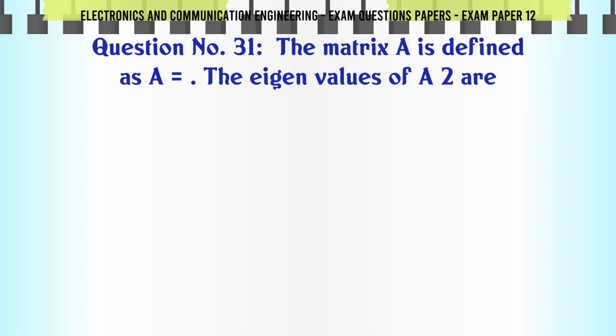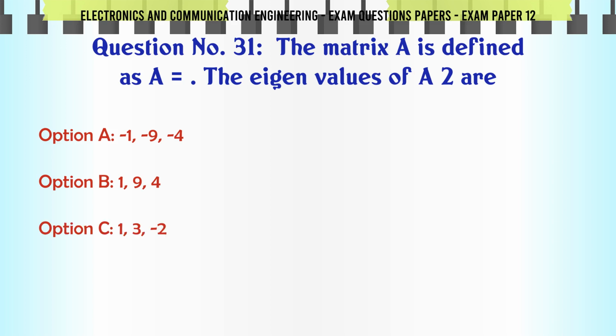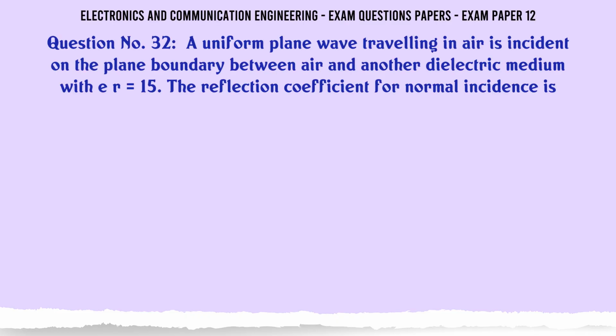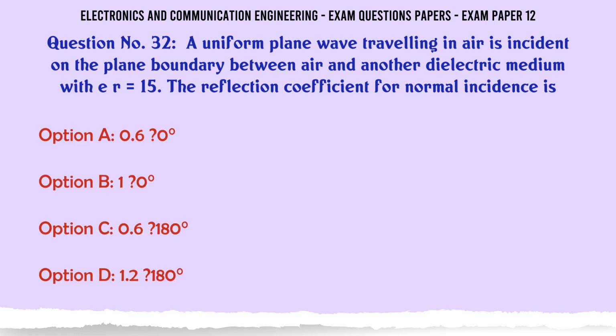The matrix A is defined as shown. The eigenvalues of A^2 are A) 194, B) 194, C) 132, D) 132. The correct answer is 194. A uniform plane wave traveling in air is incident on the plane boundary between air and another dielectric medium with εr = 5.